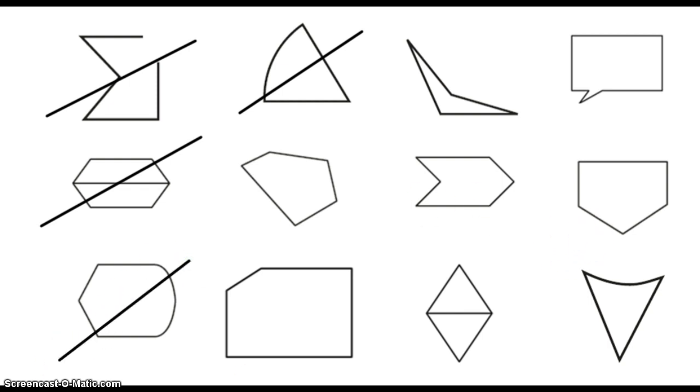Nope. Hopefully you know why. It has rounded edges. Yes, it's a polygon. Again, it's not a closed figure because it has more than two lines intersecting at one vertex. And then not a polygon because it has curved lines. So everything else here is a polygon.